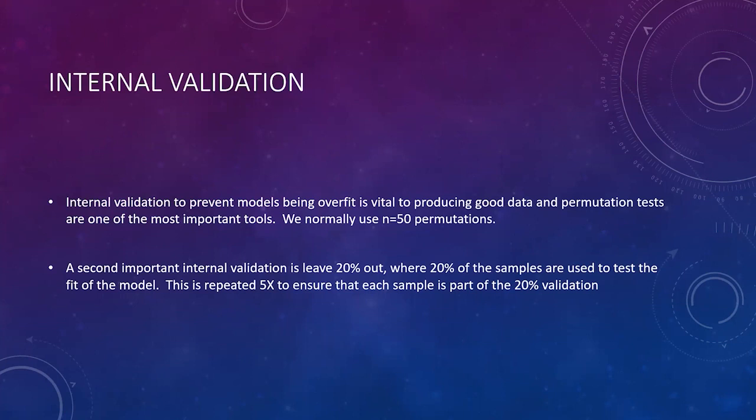So 20% of the samples are left out and are used to test the fit of the model. This is repeated 5 times to make sure that all 100% of the samples have been a part of that 20% internal validation. Now, both the external and internal validation and the CRMs are the 3 most important things you'll do if you ever work with metabolomics or elementomics.